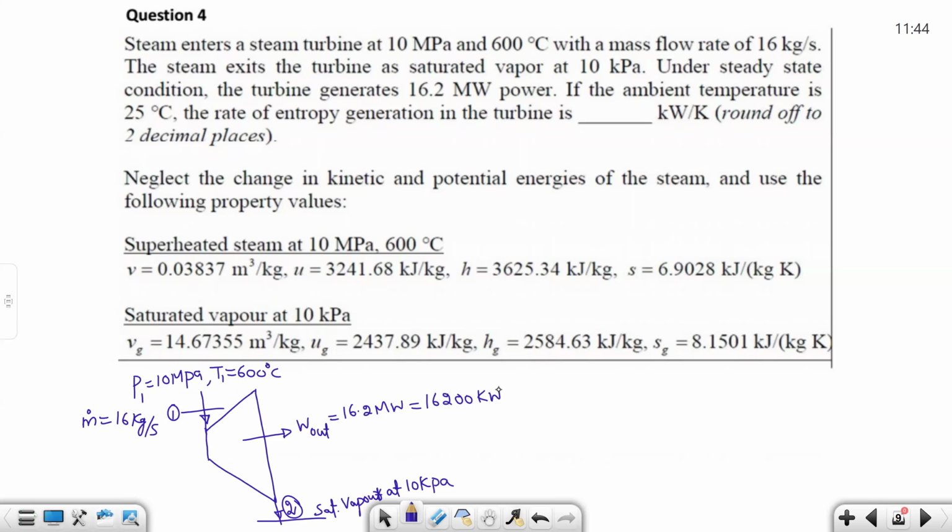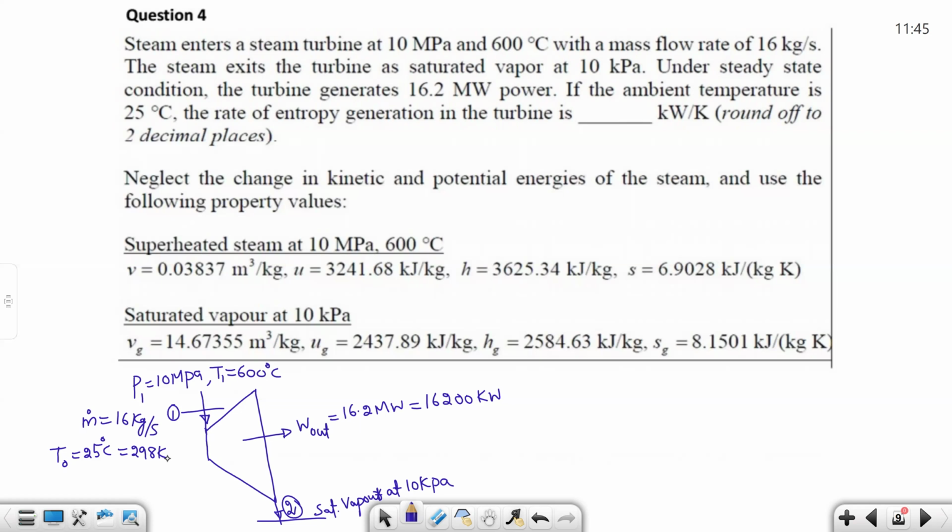If the ambient temperature is 25 degrees centigrade, so atmospheric temperature T0 is 25 plus 273, 298 Kelvin. What is the entropy generation in the turbine?